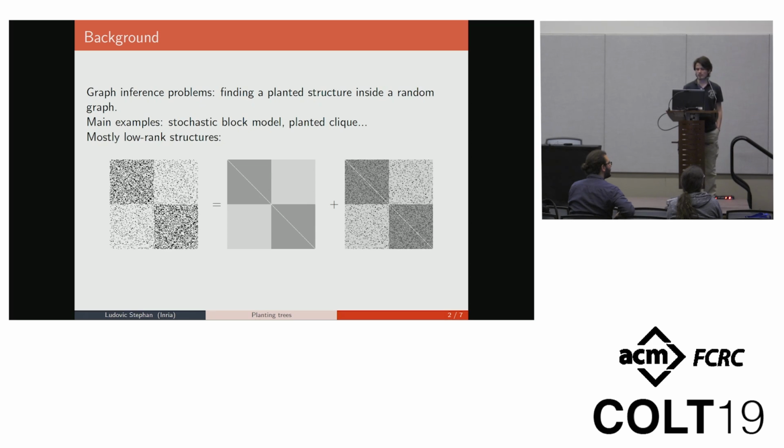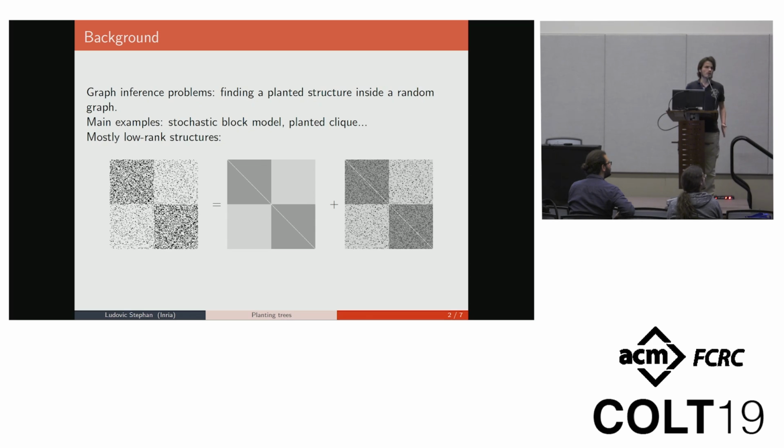Both the planted clique and the stochastic block model are examples of low-rank inference problems, which means that the planted structure is seen as a low-rank matrix. For example, the adjacency matrix of a stochastic block model decomposes into a rank 2 matrix, except for the diagonal, and some random noise.